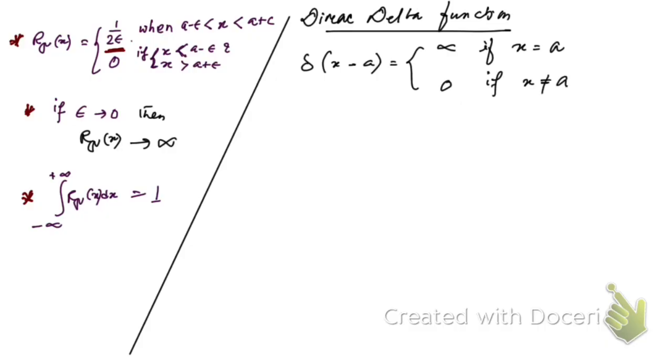So let me explain it graphically. Suppose this is x, this is the delta function. Suppose you have a rectangle like this.